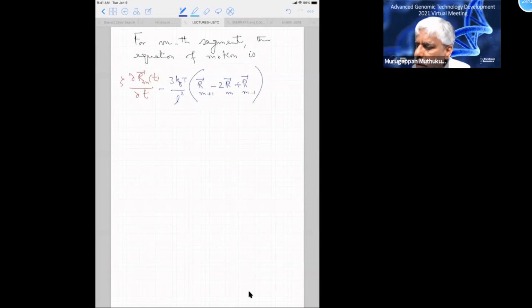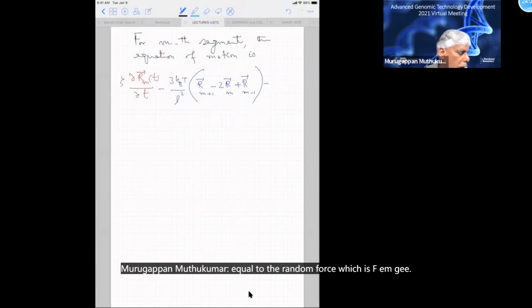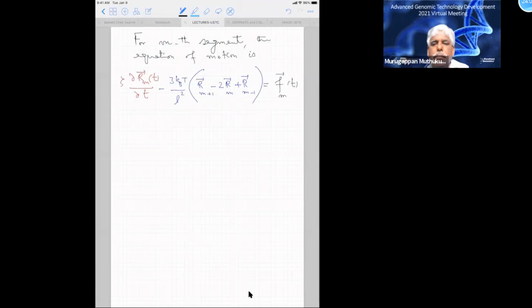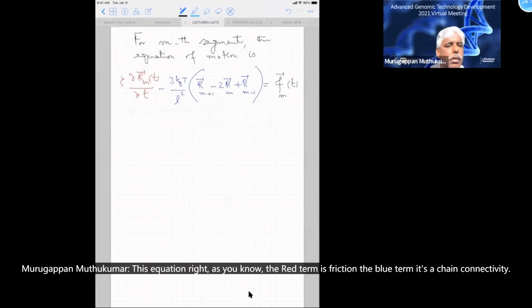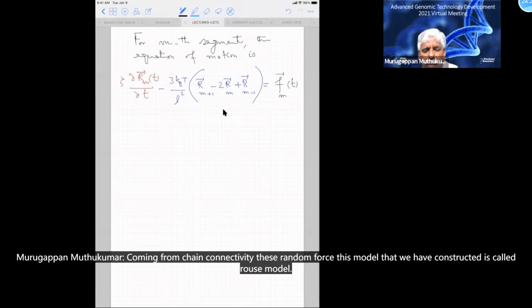And that's equal to the random force, which is F m t. In this equation, the red term is friction, the blue term is chain connectivity, and this is the random force.